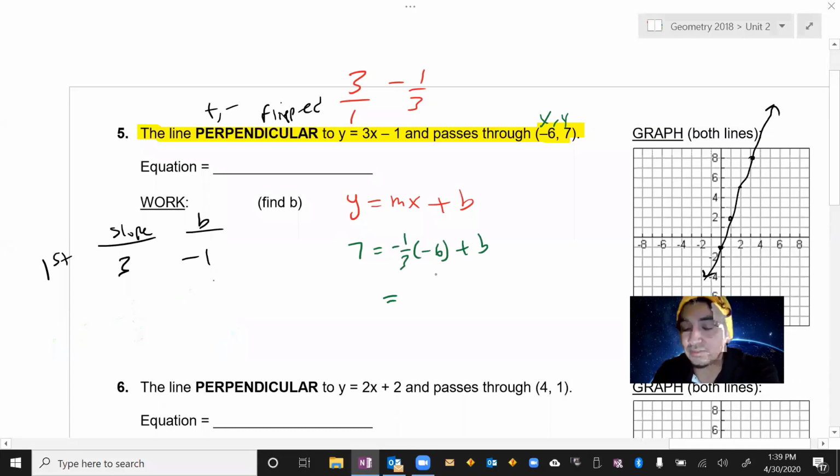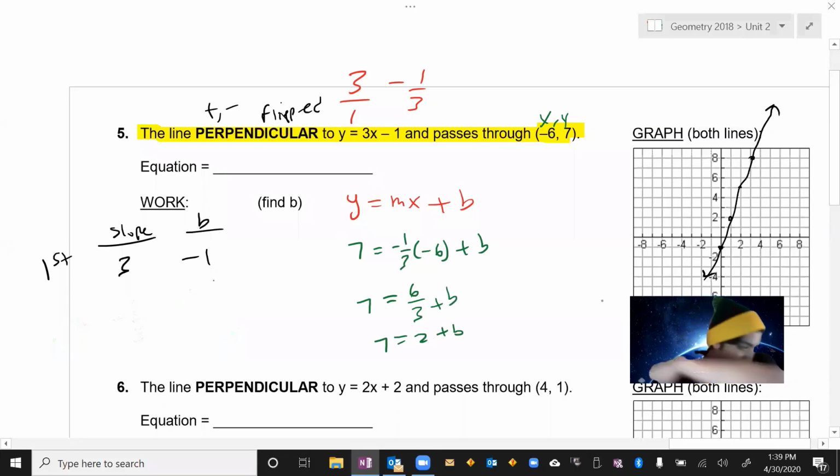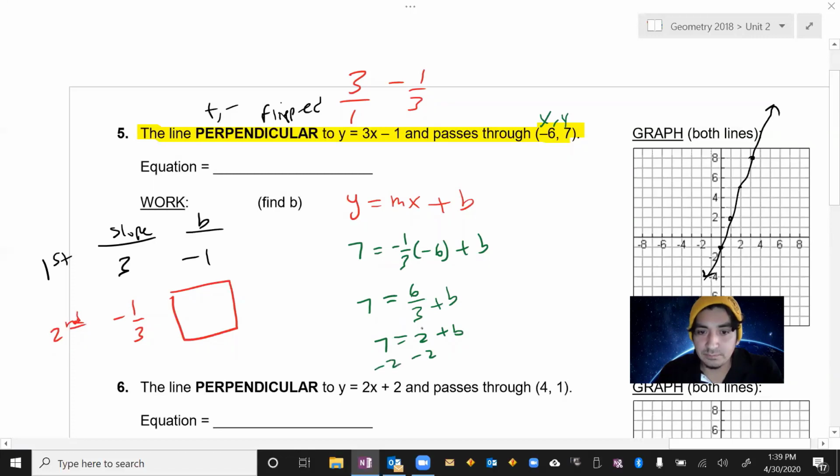Negative 1/3 times negative 6 gives you a positive 2, so 2 plus b equals 7. My next step is minus 2, and it goes away. And so my b is equal to 5 in this one.